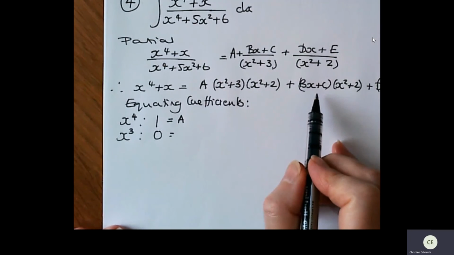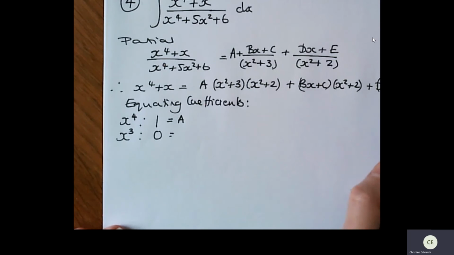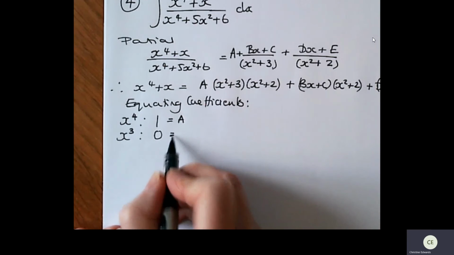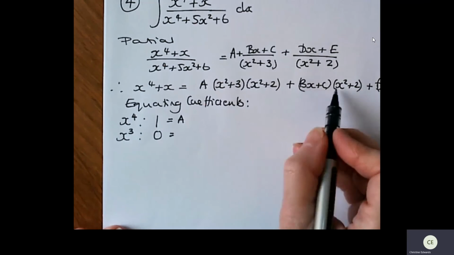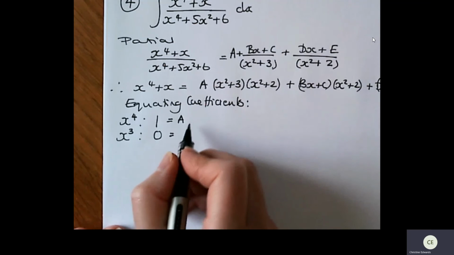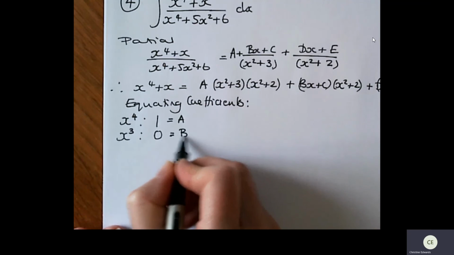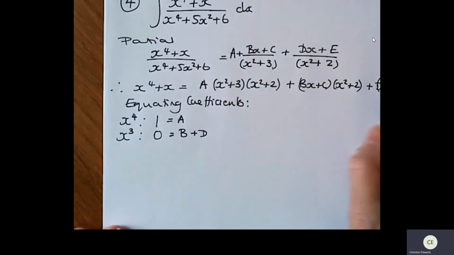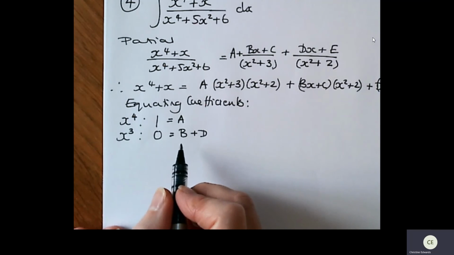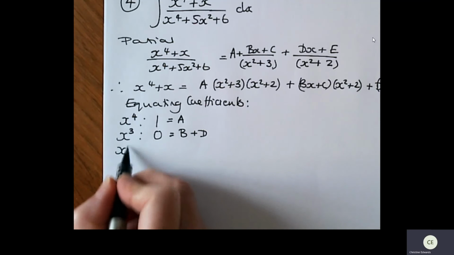I am going to get an x cubed term from both this bracket and this bracket. So from here, I'm going to get bx times x squared, which is going to give me b. And from here, I will have dx cubed.